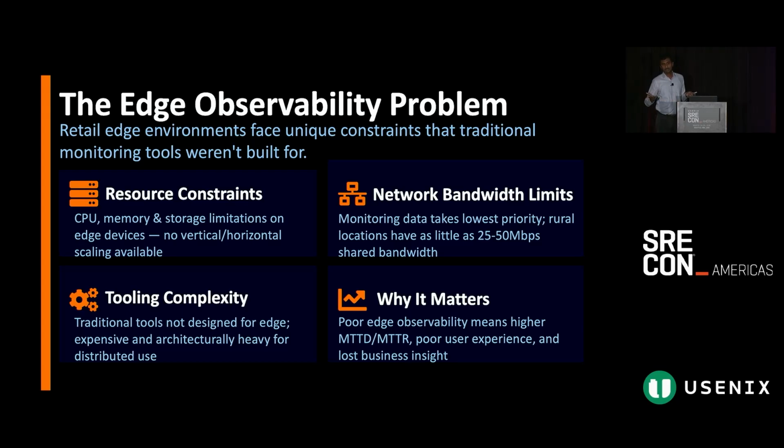In some rural environments, you are talking about only a certain amount of Mbps, right? And in that case, precedence always goes to the application traffic. They want to send the application data and voice-related data first, and unfortunately, telemetry is always last on the list. So that's another problem we have to deal with.